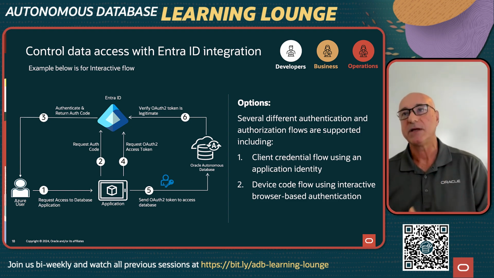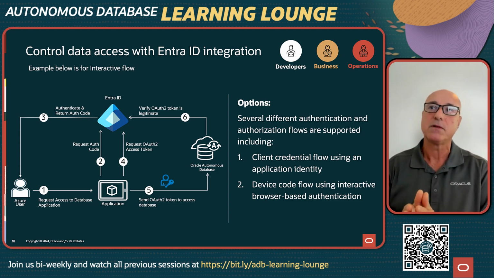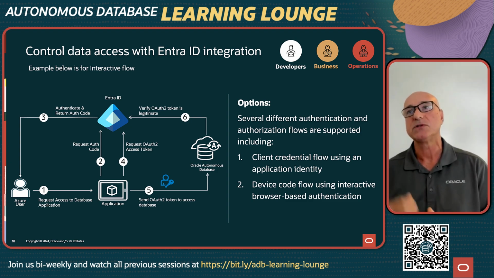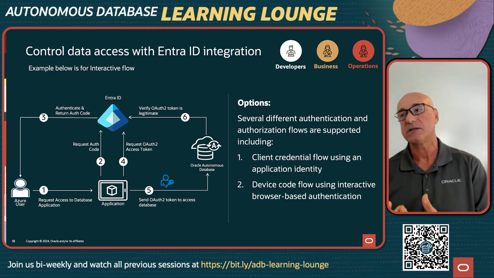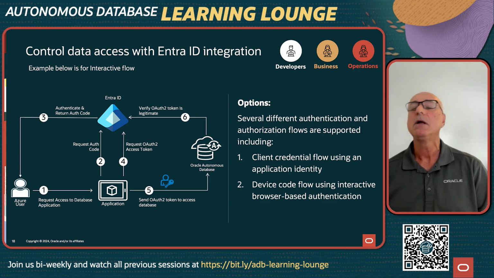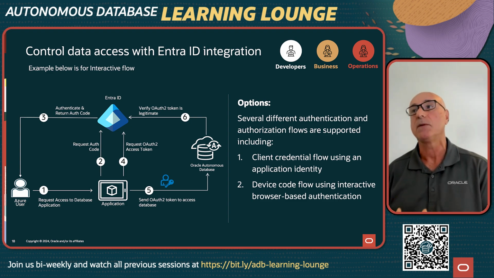And we take a typical OAuth 2 flow to and from Entra ID, and then the database validates the OAuth 2 token, that the user who's coming in has the appropriate privileges on the data, and more importantly, that the authentication itself is coming from Entra ID.